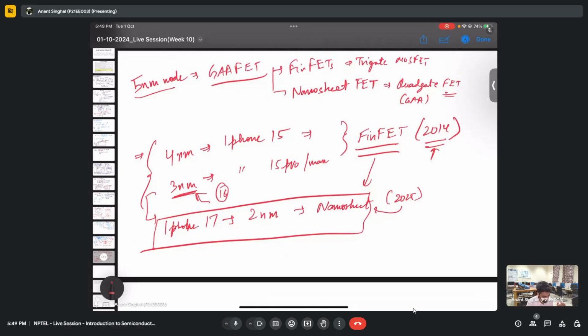I hope you are trying to understand. So we have a certain technology node in which we have different channel lengths. By node, what we mean is that this particular length, let's say this is L effective or LG, the gate length, will always be equal to or less than that of the technology node.